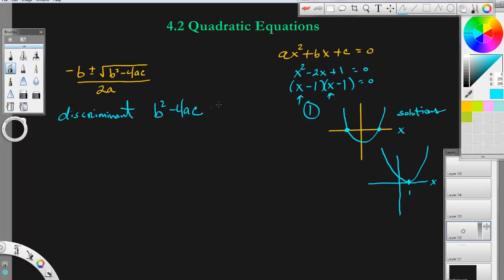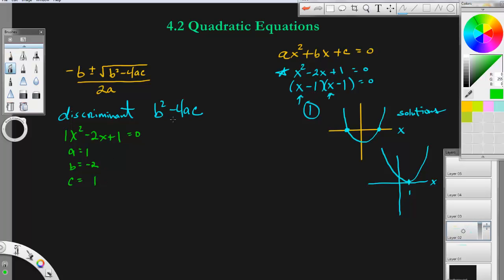So if I solve for this discriminant on this example problem here, well, what I like to do, let's just do this example here. I'll rewrite it: x squared minus 2x plus 1 equals 0, and I list the variables a, b, and c. a would be 1, because that's a 1 there. b would be negative 2, and c would be 1.